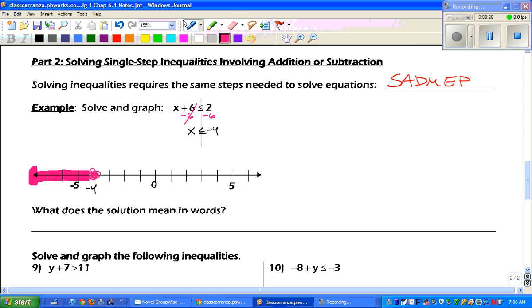So in other words, what does this mean? What this graph means is any number less than or equal to -4 is a solution to the inequality.